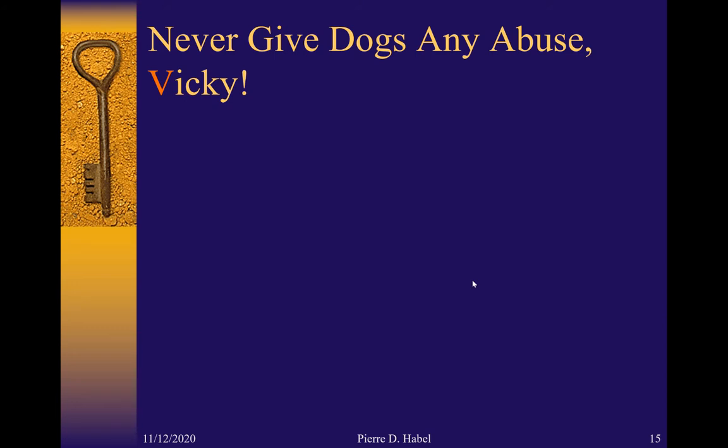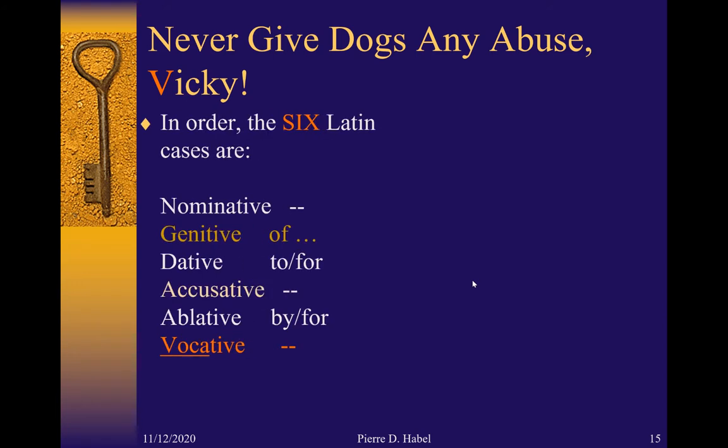That is the name of one of my relatives, and it starts with a V, and the V is very intentional. So, there really are 6 Latin cases: nominative, genitive, dative, accusative, ablative, and at the very bottom of the list, vocative.